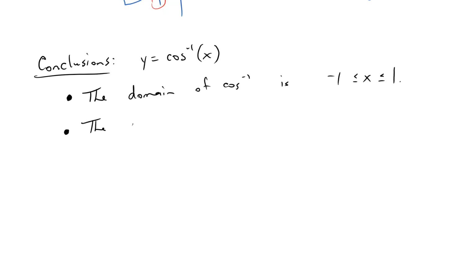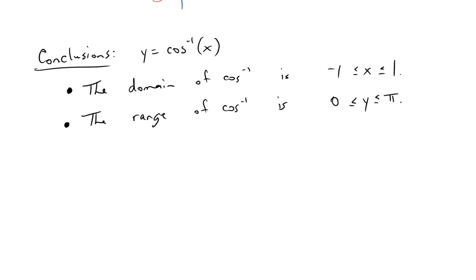The range, what types of angles will cosine inverse output every time? So this is kind of interesting. It's going to output angles between 0 and pi. And so that's because if you're looking at the input being positive, the horizontal side being positive, your reference triangles could be quadrant 1 or quadrant 4, and because they're equal rotation, we're always going to choose the positive rotation.